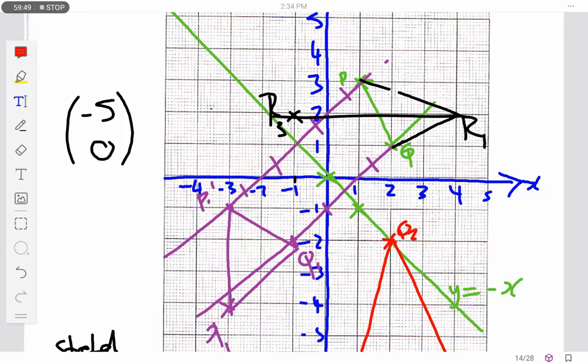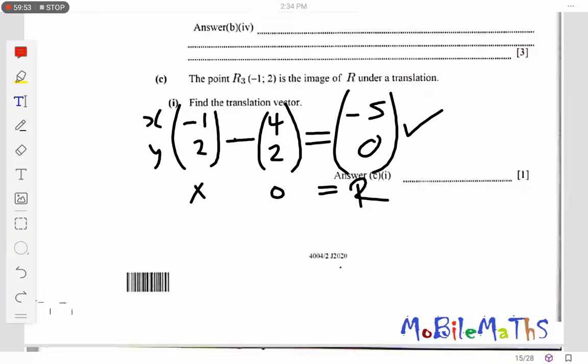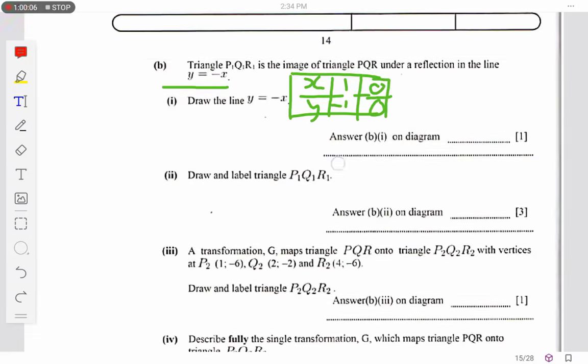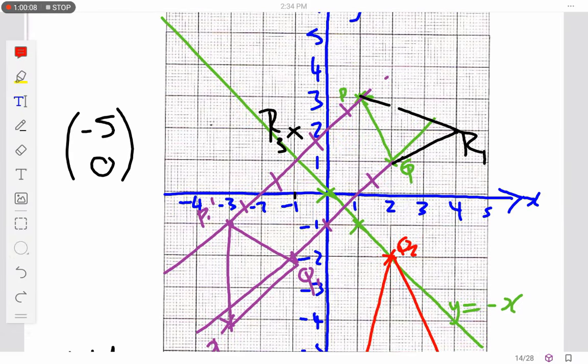Okay, then let's see the next question. The next question is asking us to write down the coordinates P3 and Q3. The easiest way is to just translate them on the diagram. Our Q, we move minus 1, minus 2, minus 3, minus 4, minus 5. So it's going to be here, Q3.